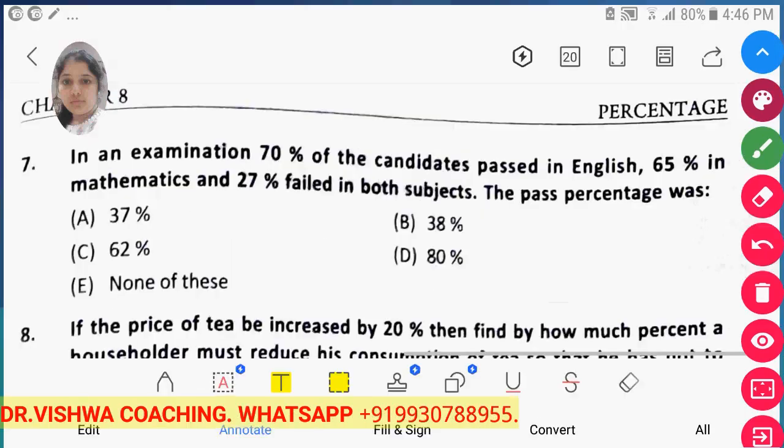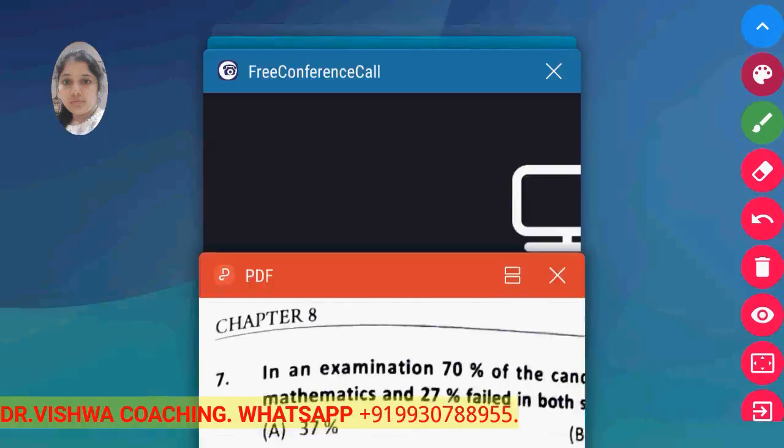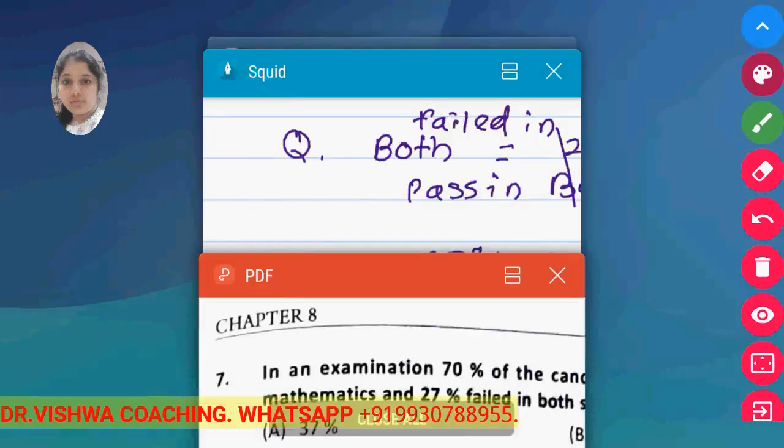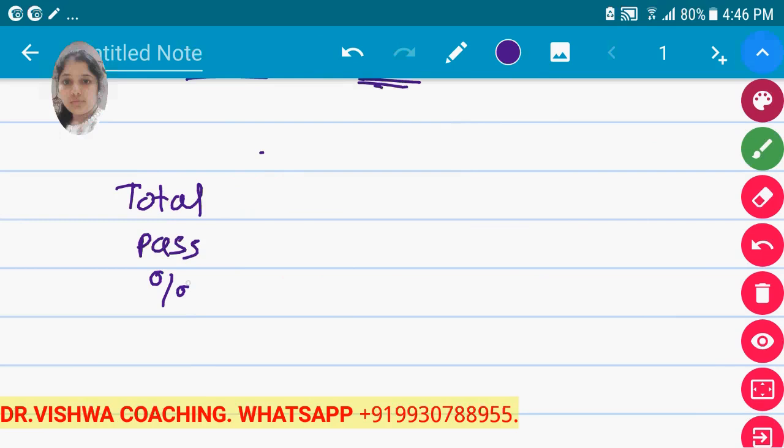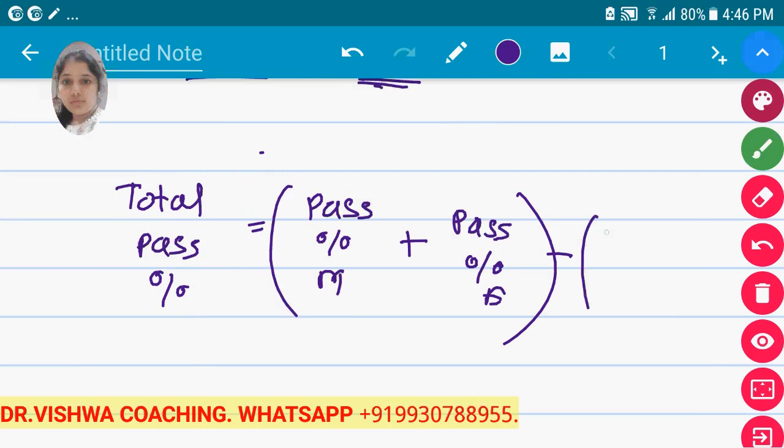So how can we arrange this? Total pass percentage is equal to pass percent in maths plus pass percent in English minus this shaded portion, which is the pass percent in both subjects.